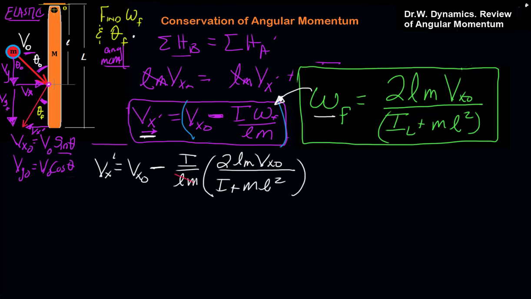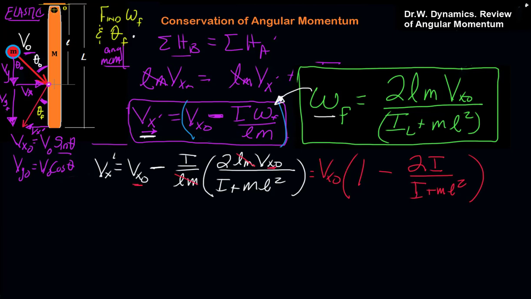And this Lm will cancel with that Lm. And we have a common term of Vx0 here, so we can pull that out in front as 1 minus 2I over I plus ml².